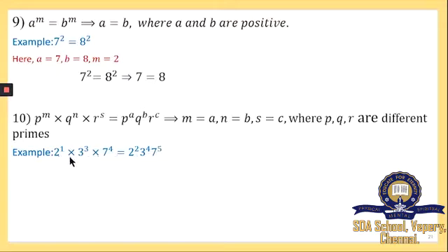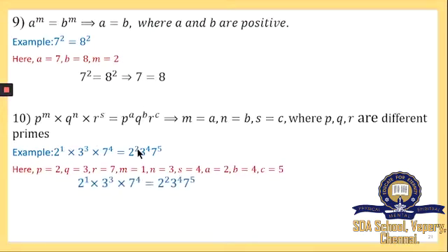So here if you observe this, in the given expression, all the base numbers are prime, right? So now you can equate the exponents. So the first exponent is m equals a. So here m value is 1 and a value is 2. So when you equate, you will get 1 equals 2. The next is n equals b, as the law says.